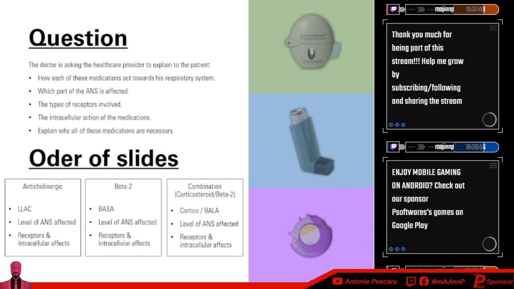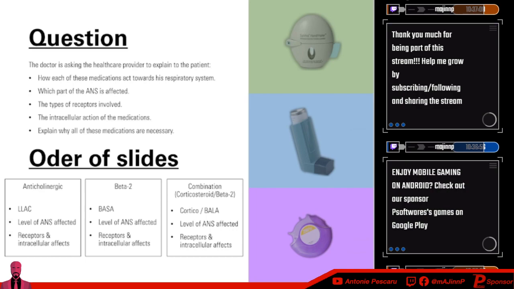And then finally, the levels of ANS affected, the receptor and intracellular effects of the beta-2, and then we will finish off with the combination medication, which is a corticosteroid/beta-2. But since we're already explaining the beta-2 in the middle part, we're just going to jump straight into the corticosteroids.